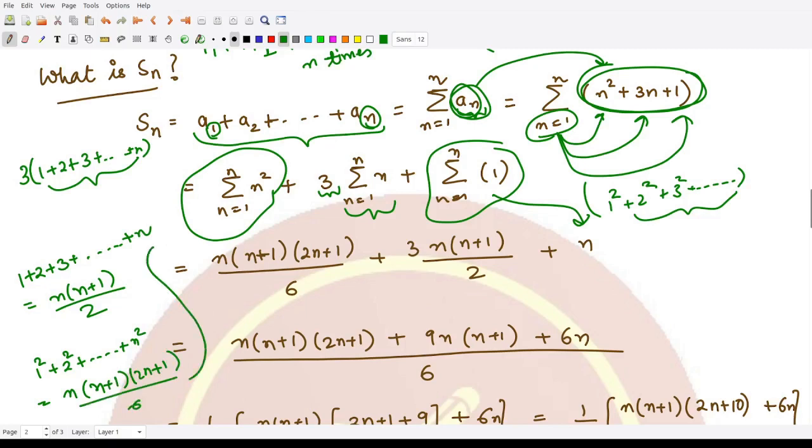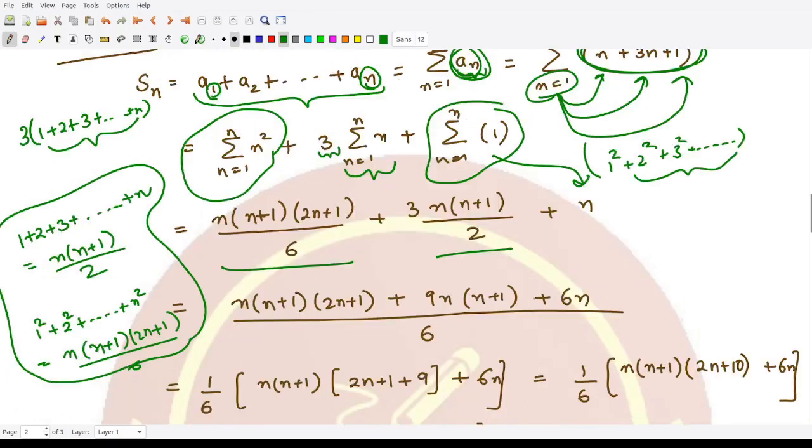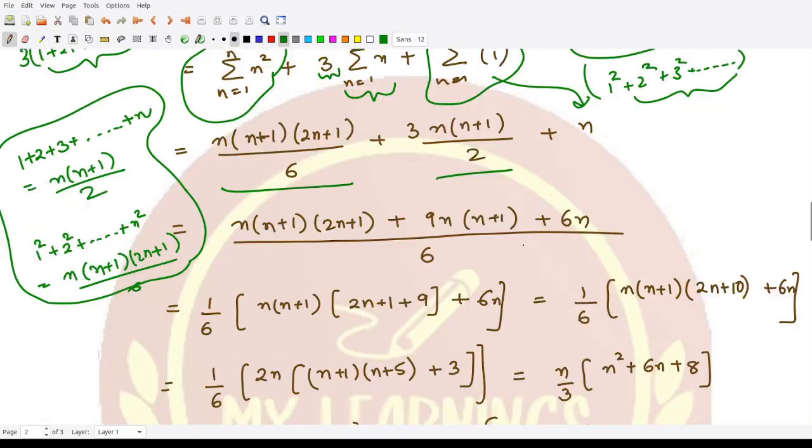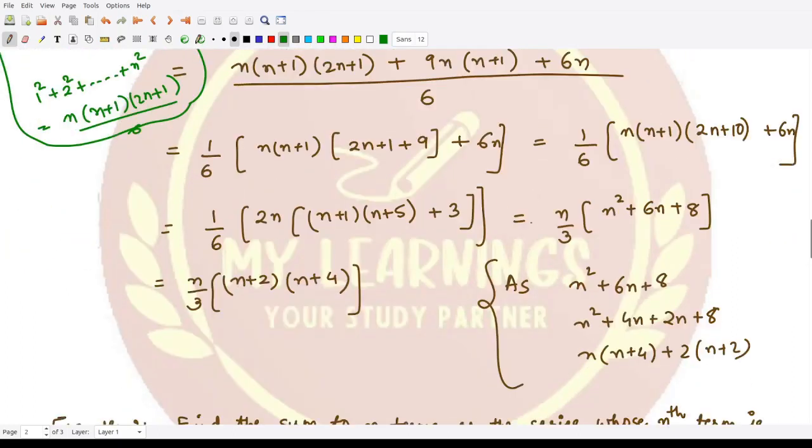So utilizing these two formulas here and substituting their values here, we have this. You can then simplify the terms, take out the common terms, subtract the same terms with opposite signs, and further simplify the terms. At the end you will get this result, and this is what is your answer, correct?